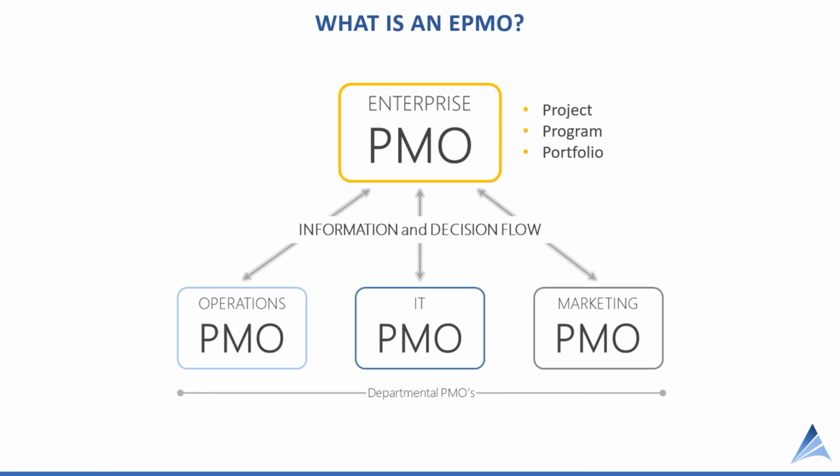Maybe there's an operations PMO, or the marketing department has their own PMO. Different types of projects are being managed, and at the same time, there's some enterprise layer. And at that enterprise layer, it could be project focused, possibly program focused, and often includes some element of portfolio management, or should include PPM at that enterprise level.